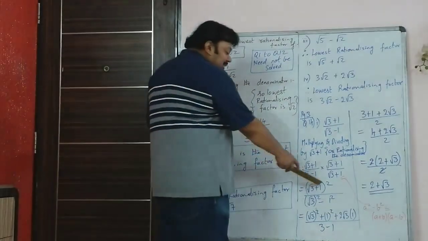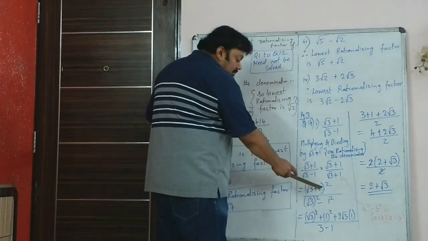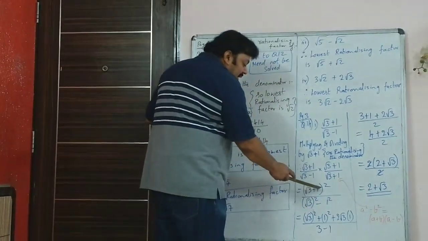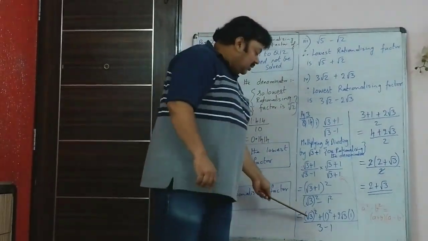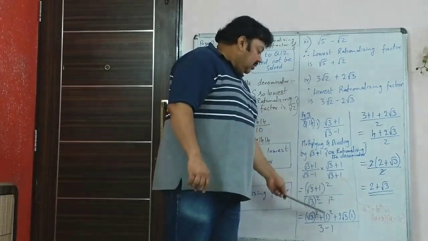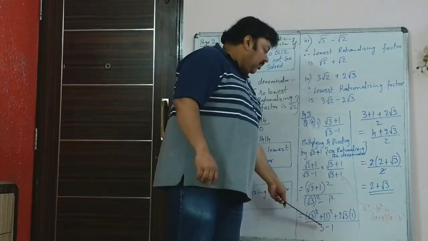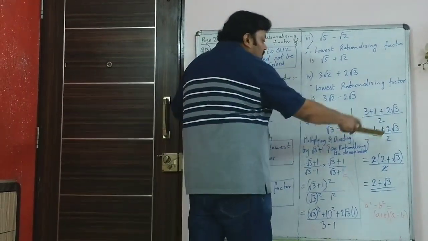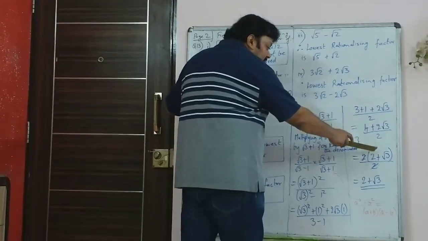So you know (a plus b) the whole squared is a squared, that is root 3 squared, plus b squared, that is 1 squared, plus 2ab, 2 times root 3 into 1. So root 3 the whole squared is 3, 1 squared is 1, and 2 root 3. So this becomes (4 plus 2 root 3) upon 2. So in the numerator 2 is common.